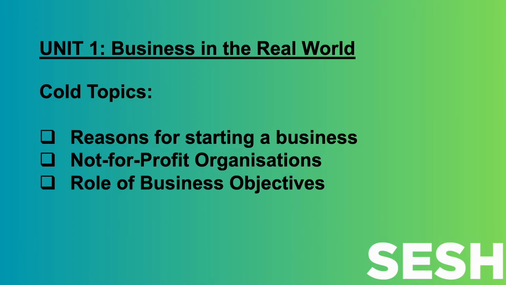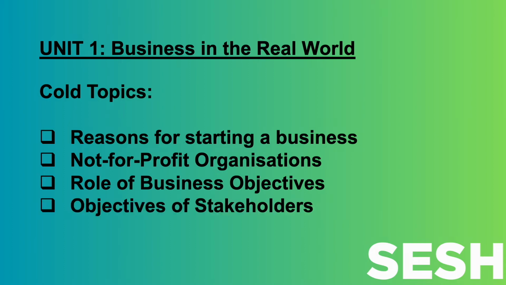The next one is the role of business objectives in running a business. Why does that matter? Well, objectives are the guiding stars. They give the business a direction, a focus, and they might even act as a motivation for employees. Think of them as the compass that keeps the organisation on the right track.